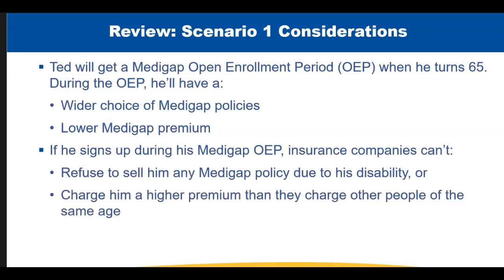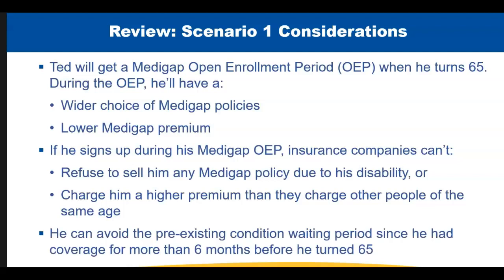He can't be refused a policy because of his disability or for any other reason, really. And he also can't be charged more because of his disability. He also won't have that pre-existing condition waiting period since he has had continuous coverage for more than 6 months. He has had the pre-existing condition for more than 6 months, but he has had coverage also, so he won't have those excluded from coverage.